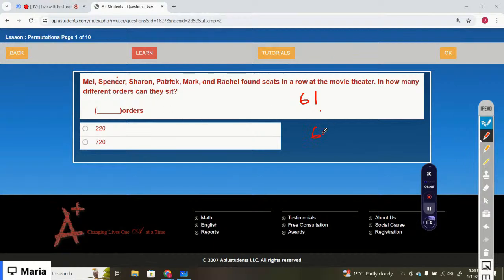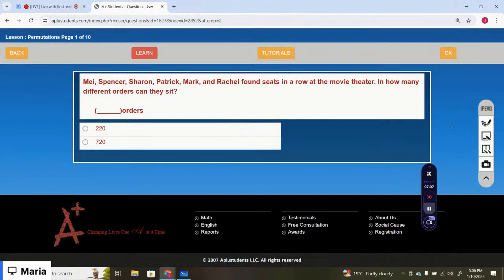So you have to do 6 times 5 times 4 times 3 times 2 times 1. That is 2 times 6, 3 is 6, 6 times 5 is 30, 30 times 4 is 120, and 120 times 6 is 720. The correct option is option number 2, that is 720.